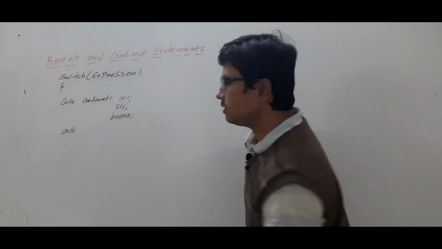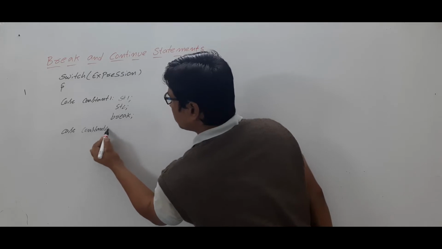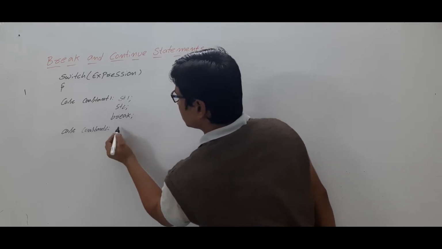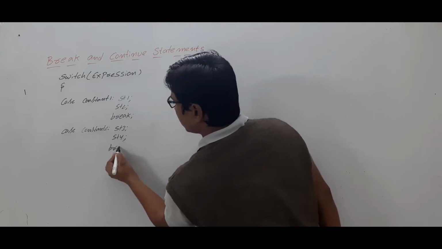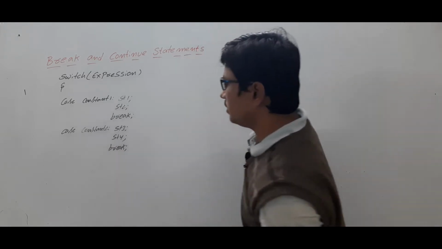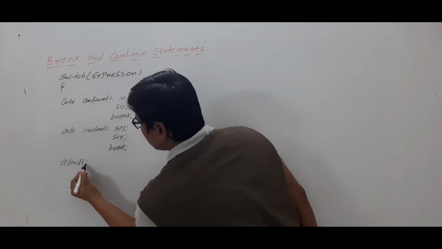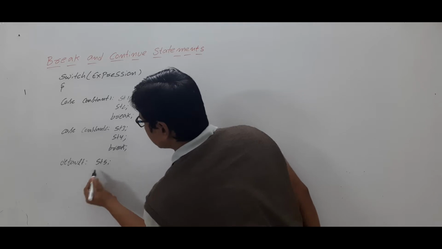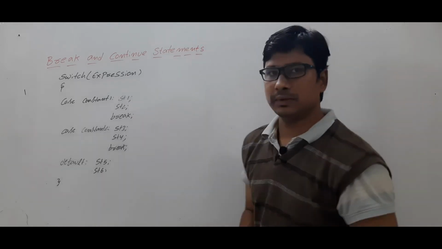Case is a keyword, and you have another constant, constant 2. You have statement 3, statement 4, and you have a break. And then let's take that you have a default statement. It consists of statement 5, statement 6, and then you end the switch statement.